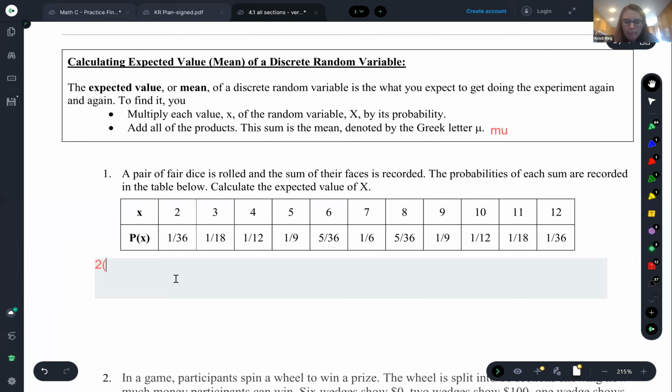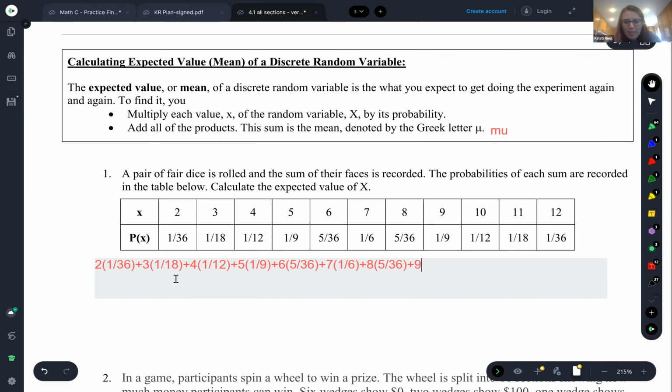So 2 times 1 over 36 plus 3 times 1 over 18 plus 4, and this is going to take a minute because there's a lot of them, 1 over 12 plus 5 times 1 over 9 plus 6 times 5 over 36 plus 7 times 1 over 6 plus 8 times 5 over 36.